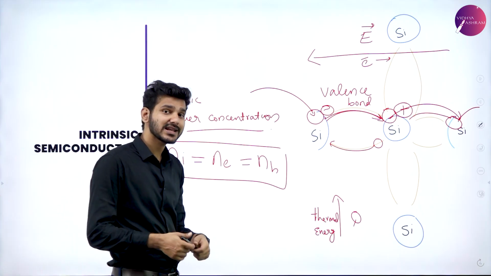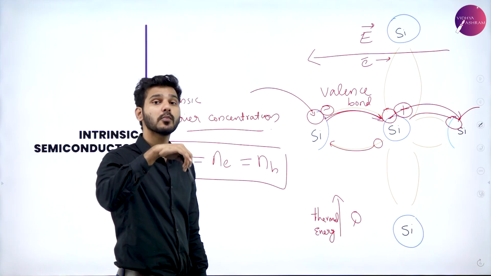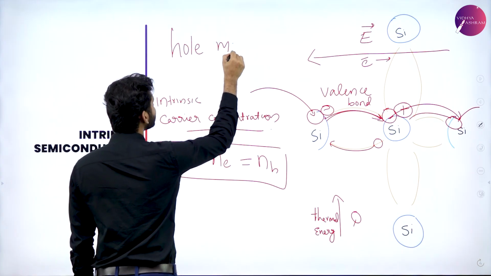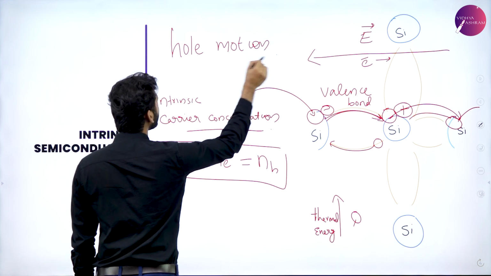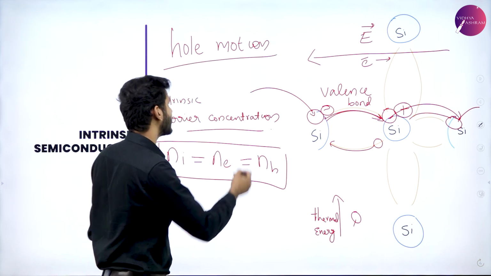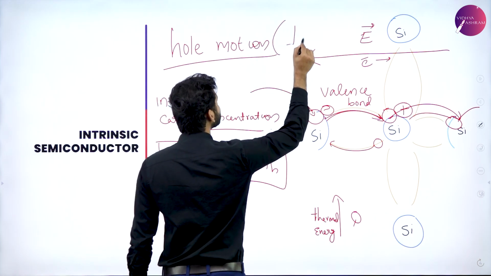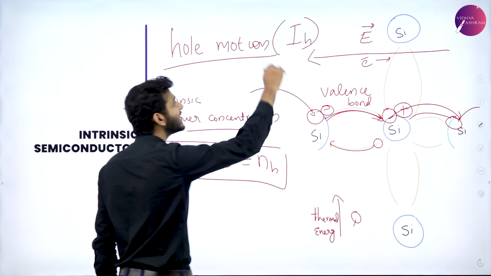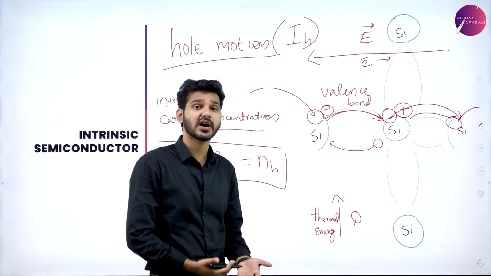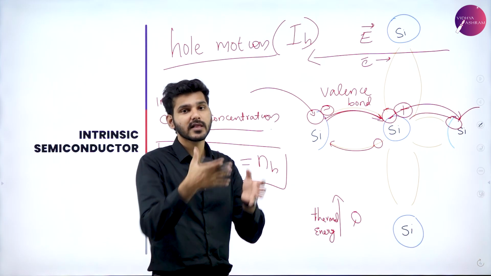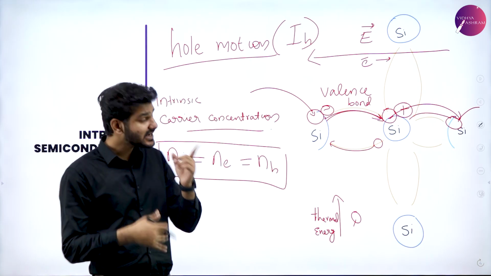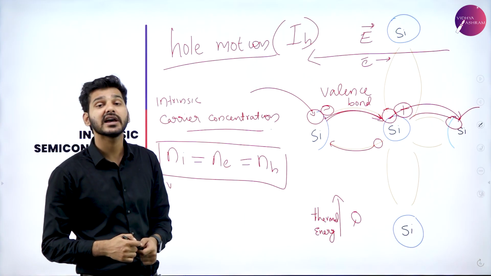Since it is holes which are moving, it is known as hole motion. This hole motion can generate electric current, known as hole current, indicated by IH. I means electric current, and since it is produced by the motion of positive holes, it is known as hole current, IH.